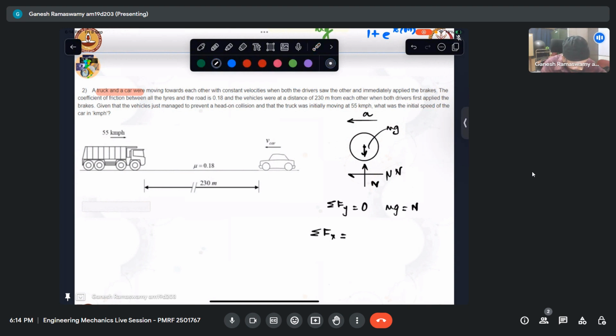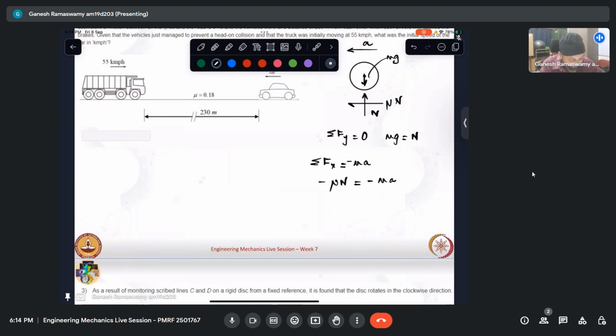So what this implies is ma is acting in that direction. So I have minus mu N equal to minus ma. But N is nothing but mg, so it is giving minus mu mg equal to minus ma, or acceleration is nothing but mu g in such a case.